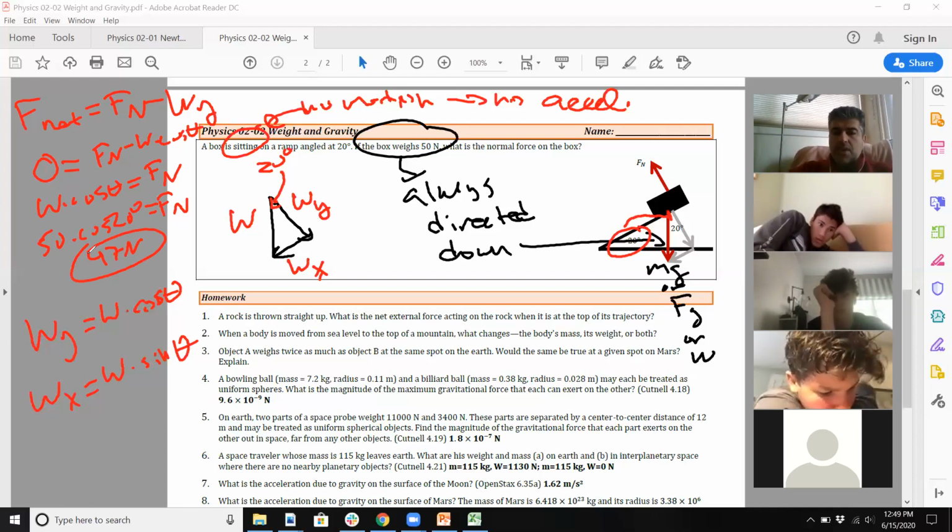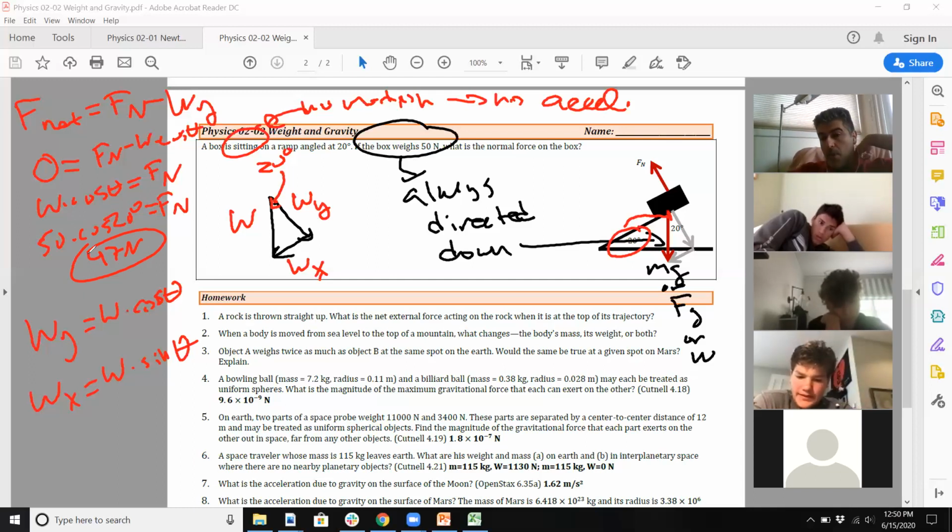I didn't want to just say, here's what you do, and just do it. I wanted to show you the proper and more formal way, like using the angle, breaking it down to its components. So this red arrow here, that's the weight due to gravity. It's always acting downward. You're always heading towards the center of the earth, your force due to gravity.